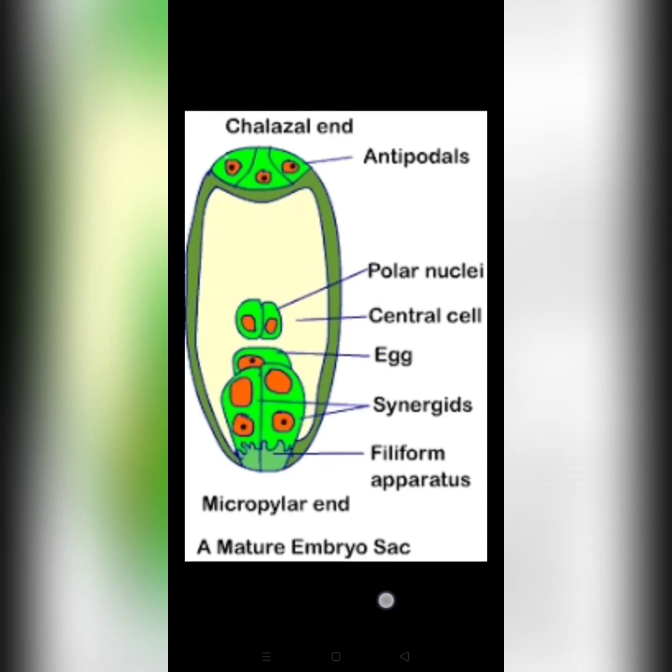In the center of the embryo sac, you can see there is present a single cell called central cell having 2 nuclei named polar nuclei. This stage is also known as 7-celled 8 nucleated stage.